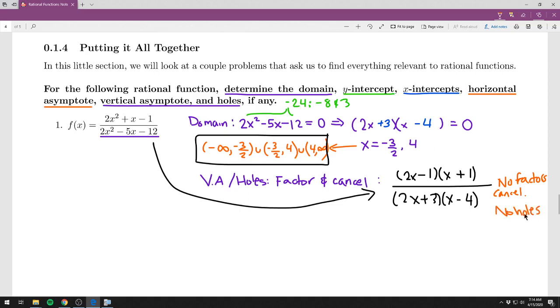And both of the x values, negative 3/2 and 4, are vertical asymptotes. We have vertical asymptotes of x equals -3/2 and x equals 4. As we talked about before in the previous part.